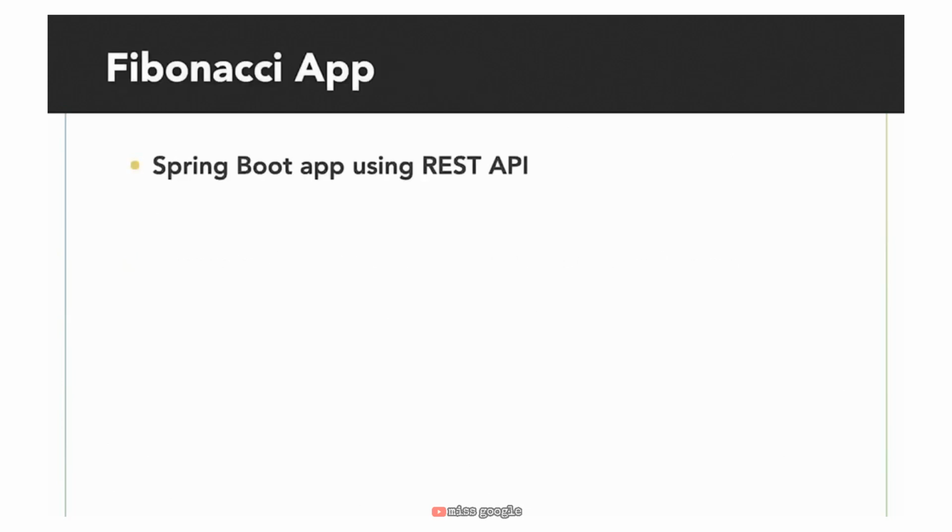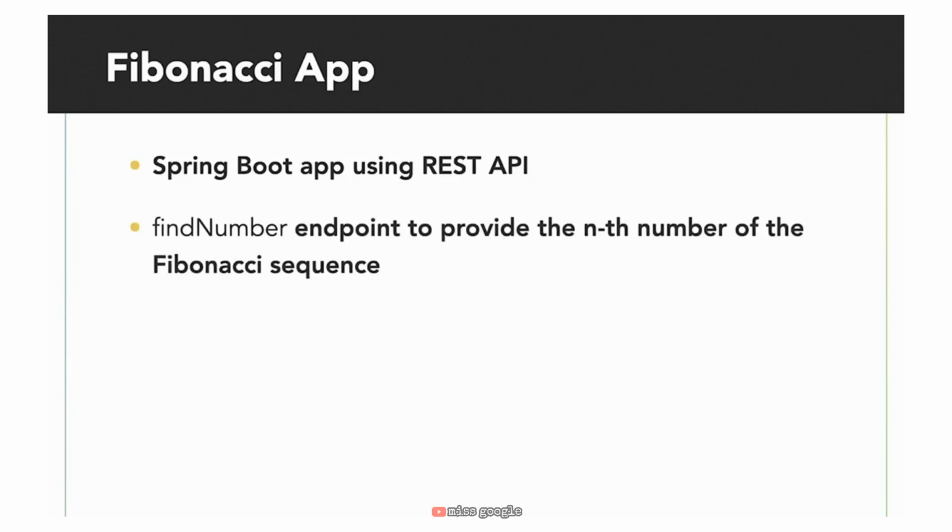Now that we know what the Fibonacci sequence is, let's review an existing Spring Boot app that provides an endpoint through a REST API that takes the number n and returns the nth number of the Fibonacci sequence. If we pass in 6 as n to our endpoint in our app, it will return 8 because 8 is the sixth number in the Fibonacci sequence.